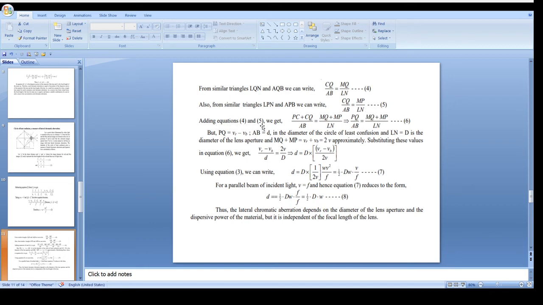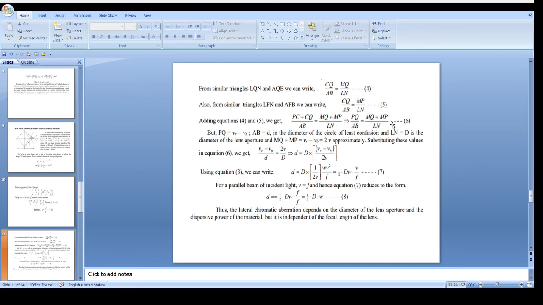Adding equation 4 and 5, we get PC plus CQ divided by AB equals MQ plus MP divided by LN. So PQ divided by AB equals MQ plus MP divided by LN.